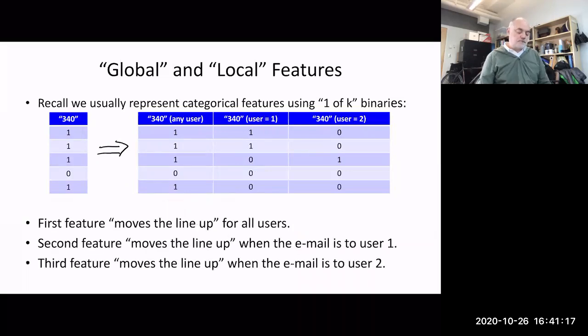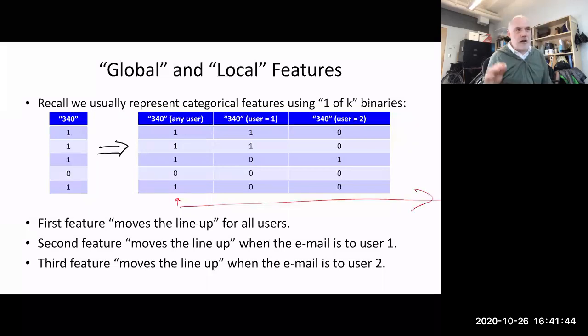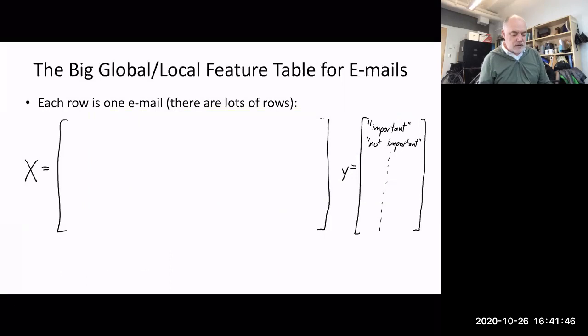So basically this is the setup where we have one-of-k binary encodings, right? The first feature, this global feature, moves up the line for all users. The second feature moves the line up for 340 for user 1, right? The third moves the line up when the email is to user 2, and so on. Okay, so now we're talking about an absolutely ginormous number of features, but that's totally cool.